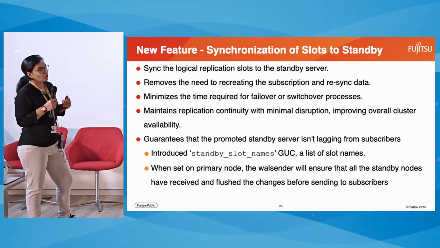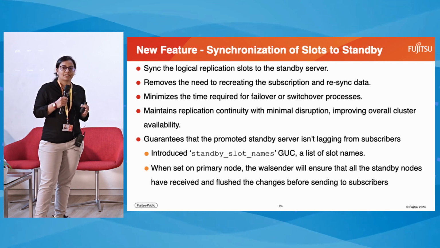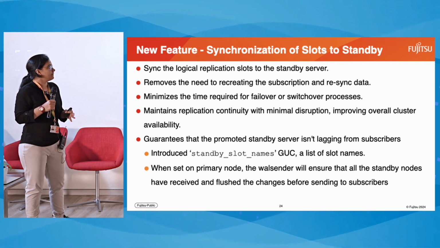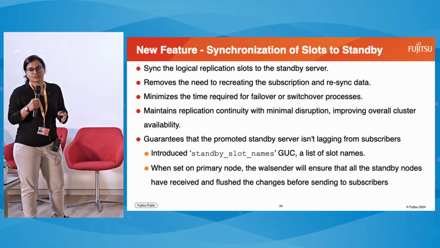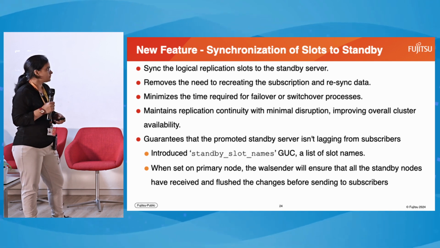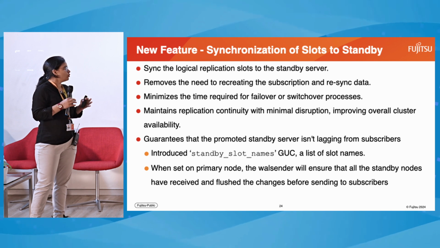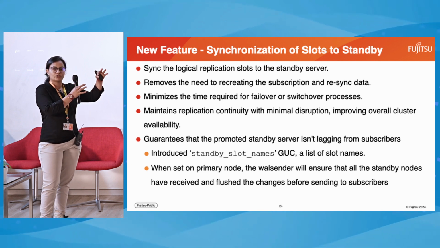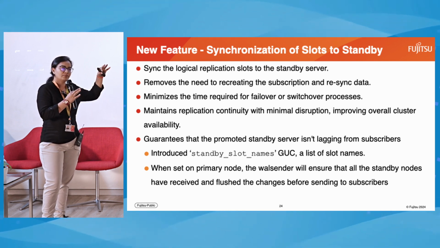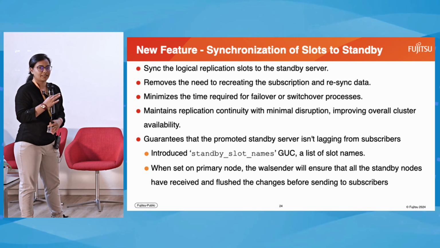So to overcome these challenges, a new feature is introduced in PG17, which is synchronization of slots to standby node. The main aim of this feature is to synchronize all the logical slots present in primary node to the standby node.